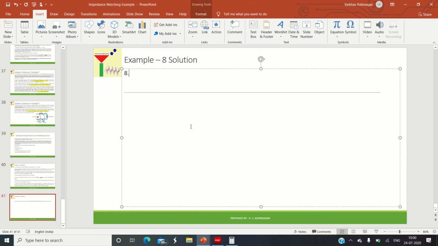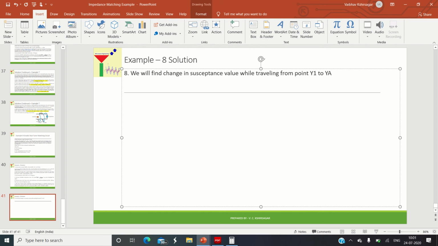So in step number 8, we will find the change in susceptance value while traveling from point y1, that is the first position of the stub, to ya.